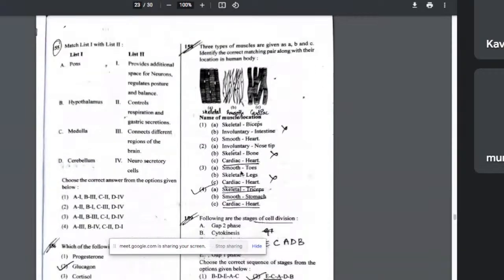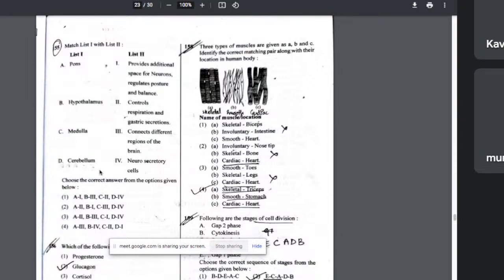Now coming to this question, which was somewhat challenging for many of you maybe. Here there are options which are giving the parts of the brain and the functions. Looking at the 155th question, you are able to see that pons is given here.